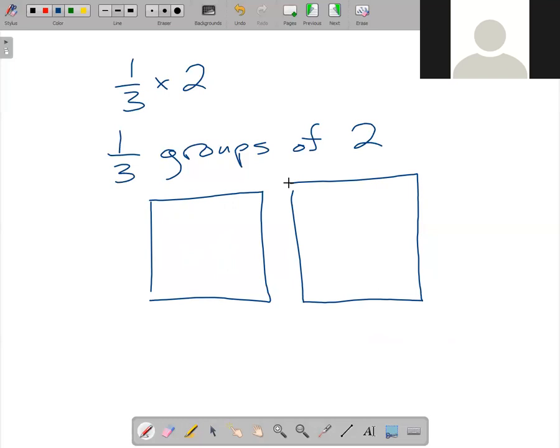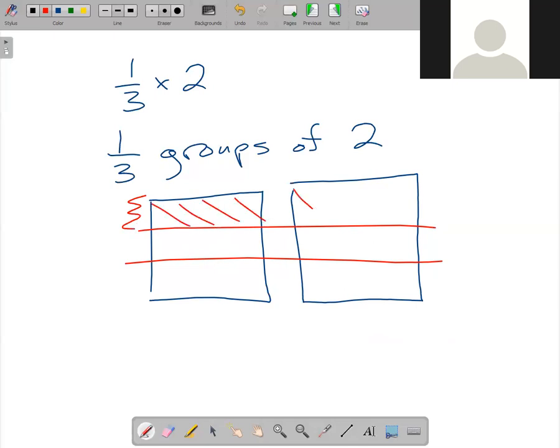Split them into 3 pieces? Sure. Let's just take a big old knife and go thirds. Bang. Now that's 3/3. I only want one of them, like this top group right here. So is that right there 1/3 groups of 2? It is. I started with 2. I took 1/3 of those 2. And what's the shaded part?